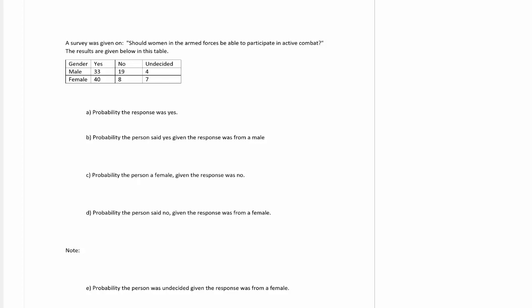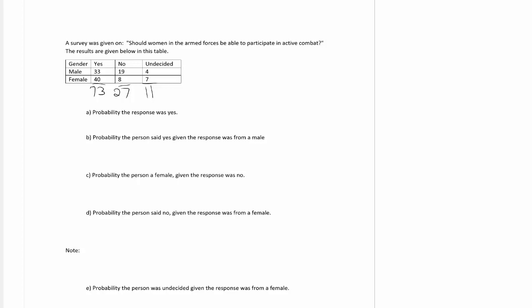Okay, let's take a look at a couple of examples. A survey was given: should women in the armed forces be able to participate in active combat? We have the gender, male and female, and their decisions between yes, no, and undecided. First thing we're going to want to do is add up each column. 33 plus 40, that's 73 total yeses. 19 plus 8, that's 27 total no's. 4 plus 7, that's 11 total that are undecided.